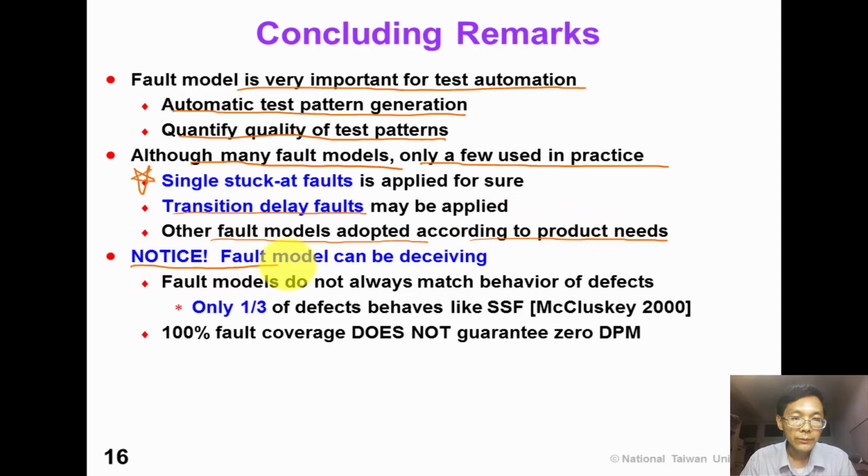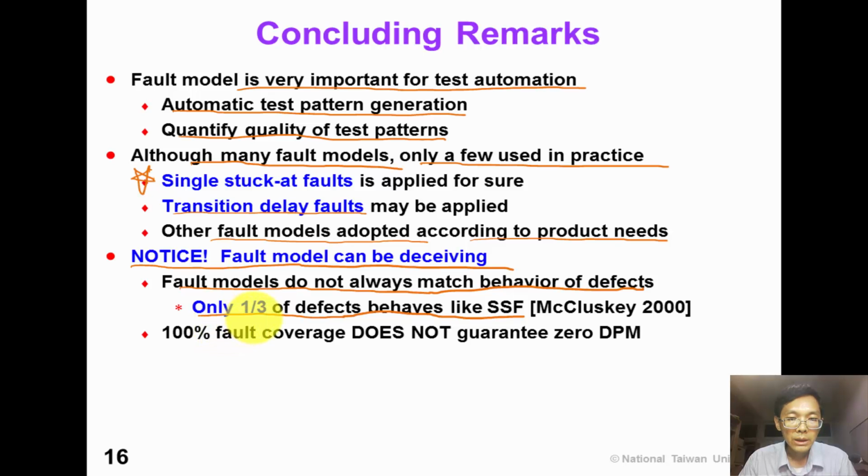Please note that fault model can be deceiving. Fault models do not always match the behavior of defects. According to the experimental result from Stanford, only 1/3 of the defects behave like single stuck at fault.